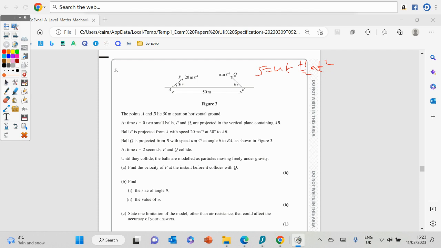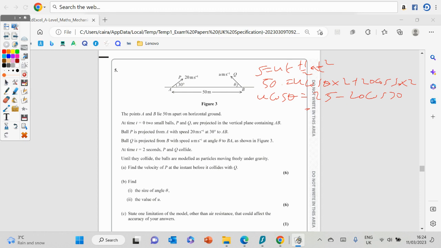Horizontally, I can just use S equals ut, so I can just use 50 is equal to u cos theta times by 2 plus 20 cos 30 times by 2. I get u cos theta then being equal to 25 minus 20 cos 30.